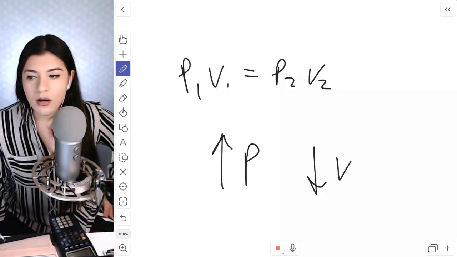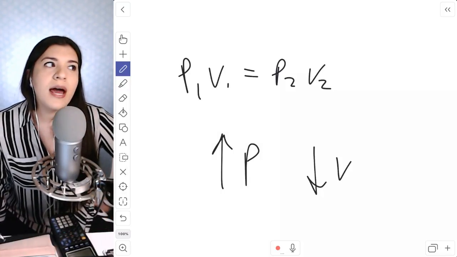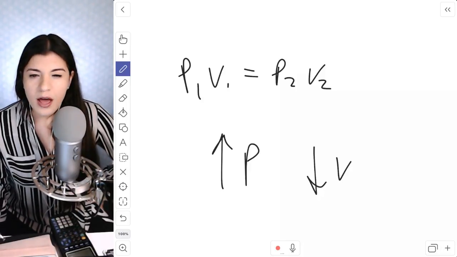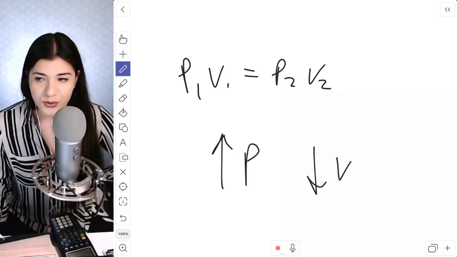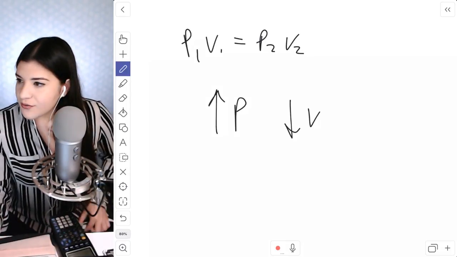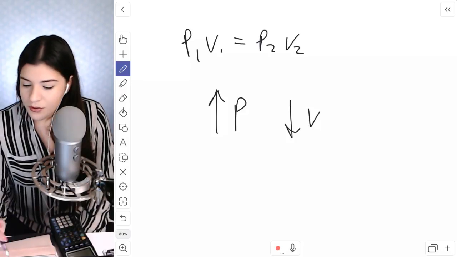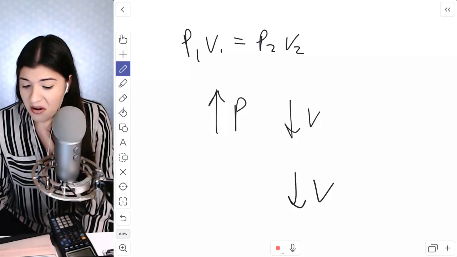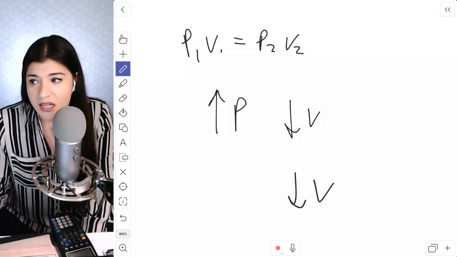So this is really the only one that is inversely proportional to each other, while everything else is proportional to each other. So think of it this way, if we reduce our volume, that would mean that our pressure would then increase.